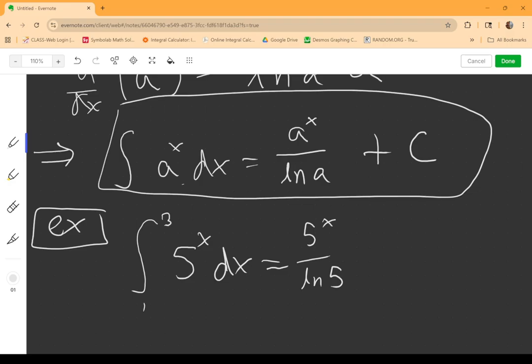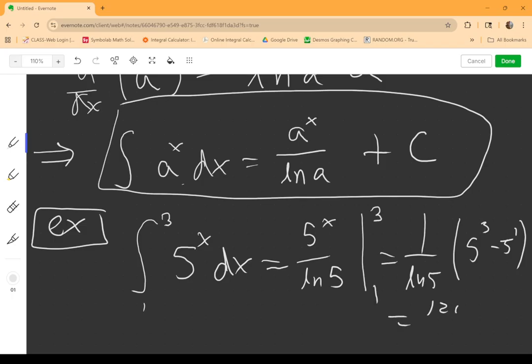And c would be 0 since this is a definite integral, so we'll just leave it at 0. And let's say we go from 3 to 1. Plugging that in, we'll get 1 over ln of 5 times 5 cubed minus 5 to the first power, which gives me 120 over ln of 5. Okay, so that is the general exponential function.